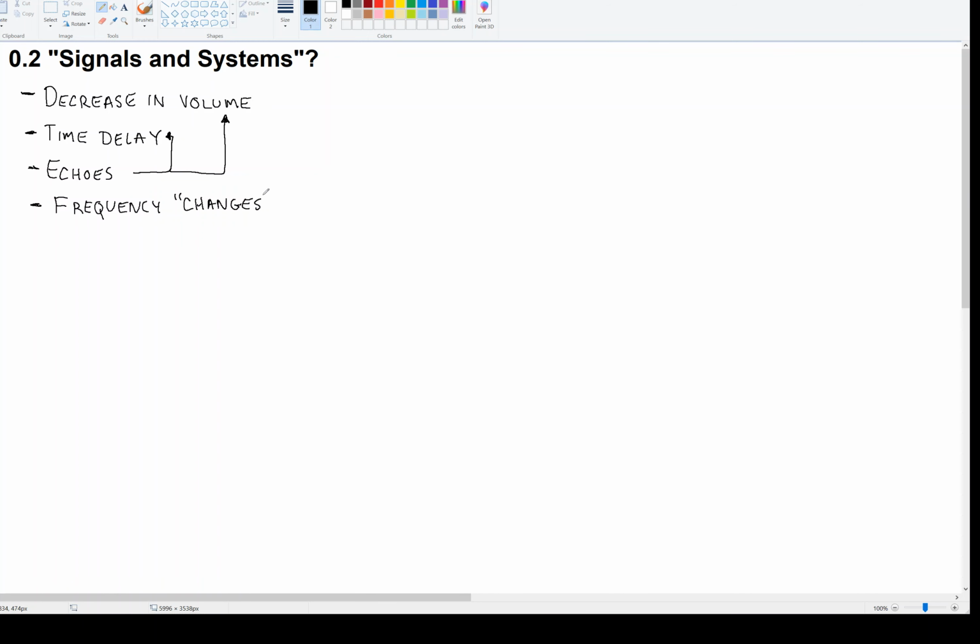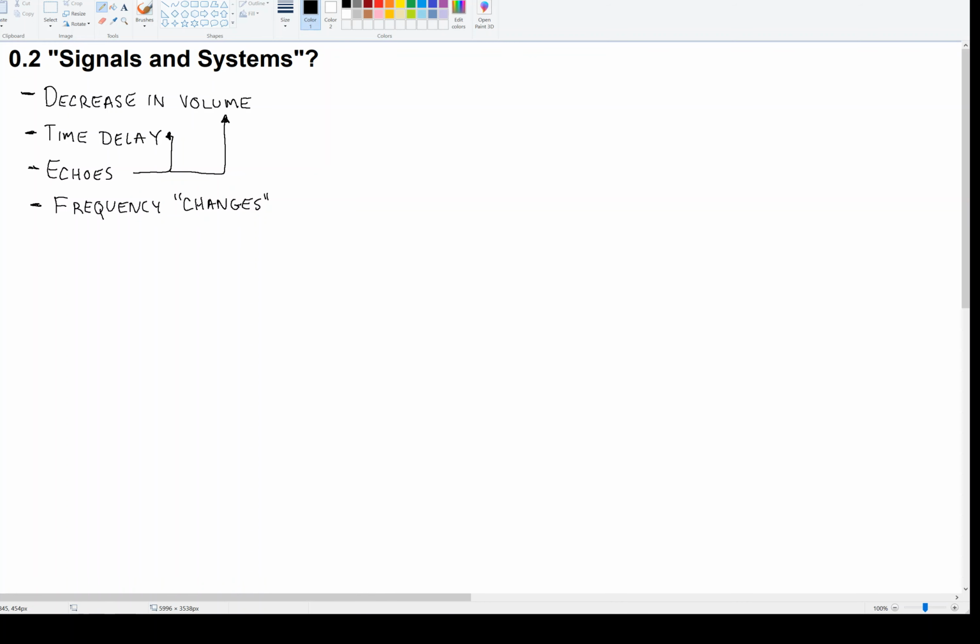Frequencies and pitch are the same thing. So you might find that lower frequencies reach you with a certain volume, and higher frequencies might reach you with a different volume. So those frequencies change.